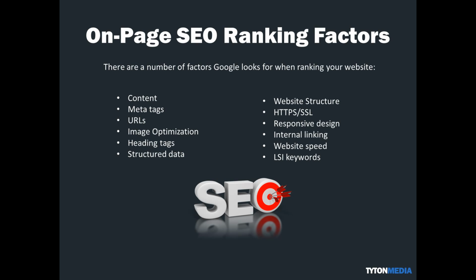And currently in 2016, these are all of the on-page factors that you need to make sure that your website adheres to in order to give it the best chance of outranking your competitors and giving you that free, organic, targeted traffic that we love from search engines.